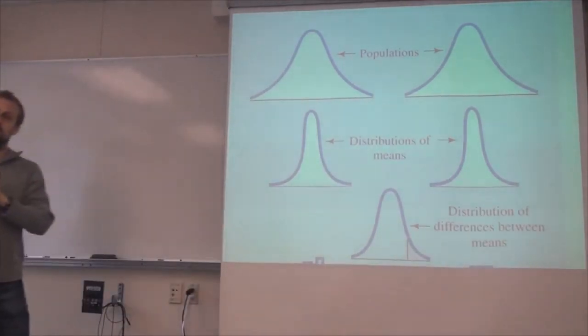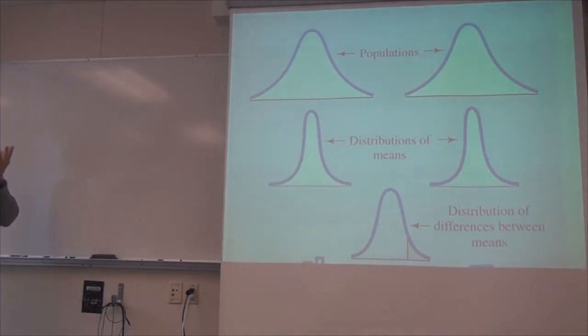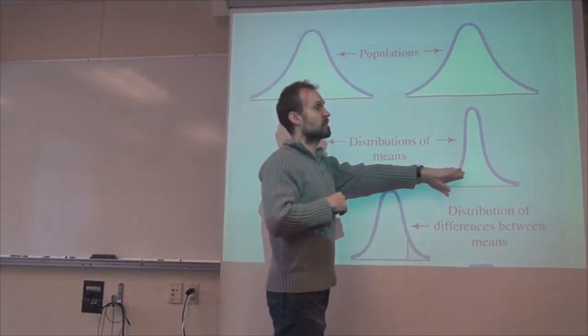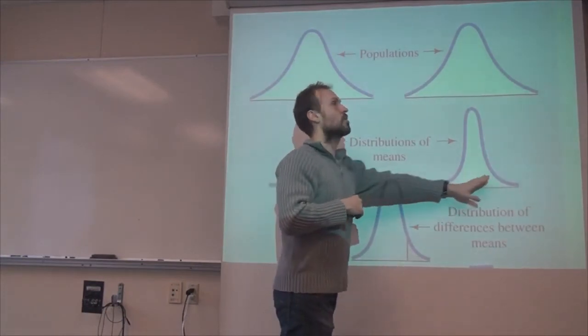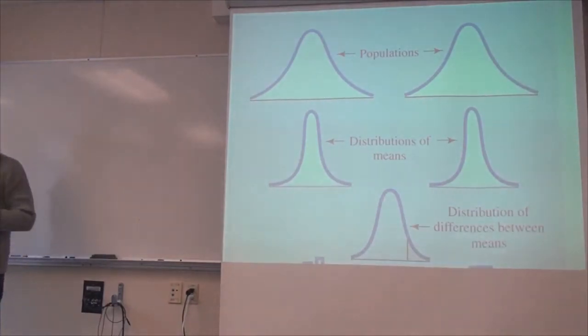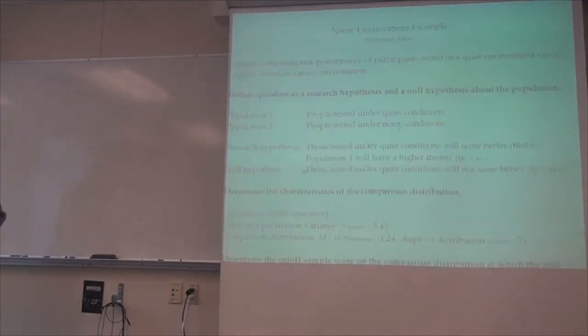That's the next step. Because I have a sample that's more than 1, I need to look at where that sample average sits among all possible sample averages of 5 people that I can get. Where the sample average for my sample of 4 people sits among all possible average ratings that I could get from 4 people in a noisy environment. I'm trying to say this in different ways until you get it. So let's go up.